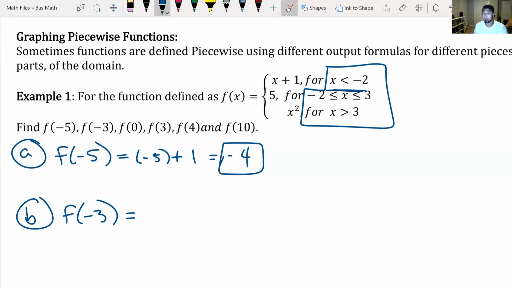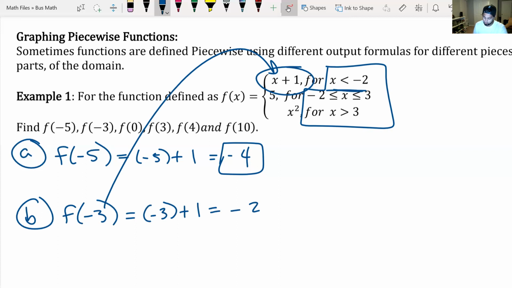And that answer is yes, -3 is less than -2. So again, we get to use this function x plus 1, where all we have to do is plug in -3 for x. And we'll get -2.